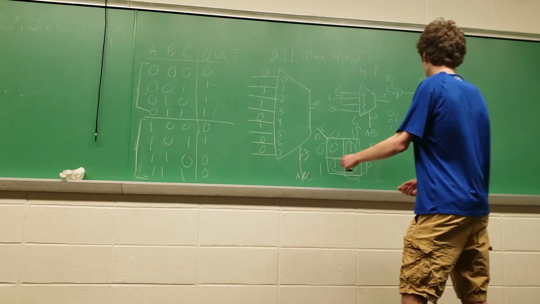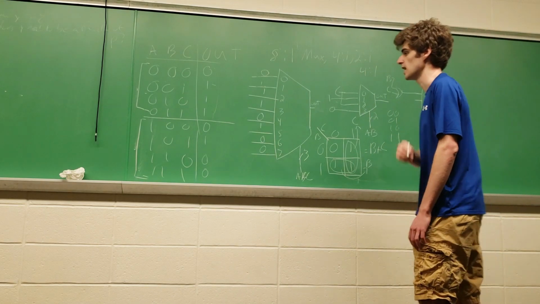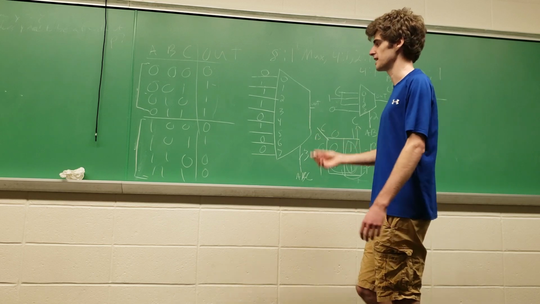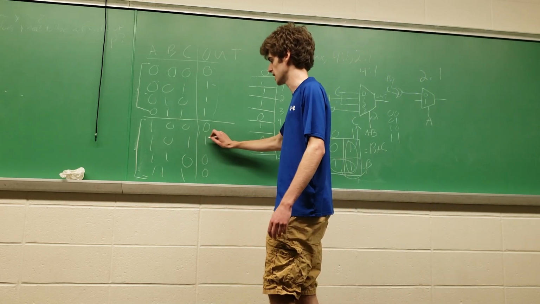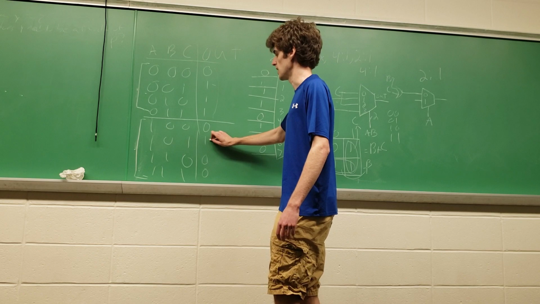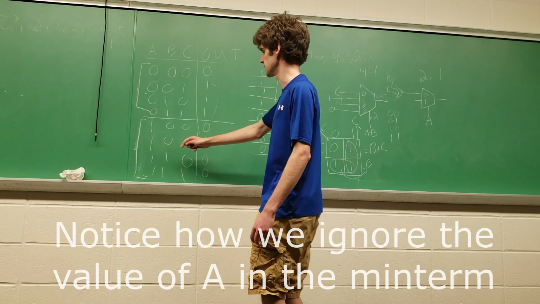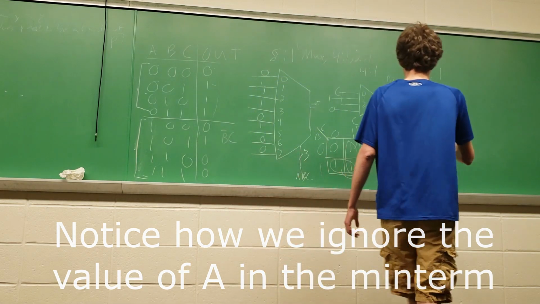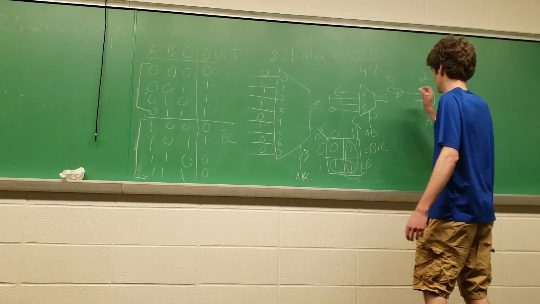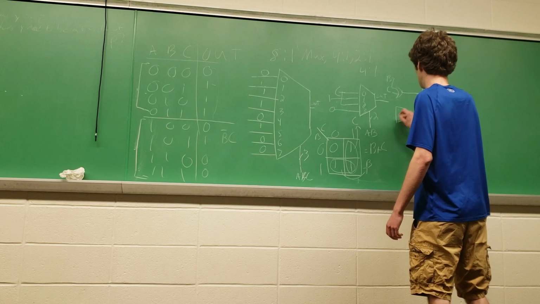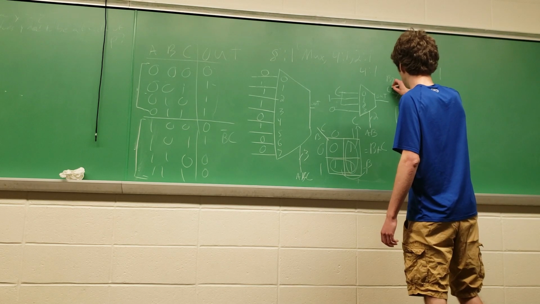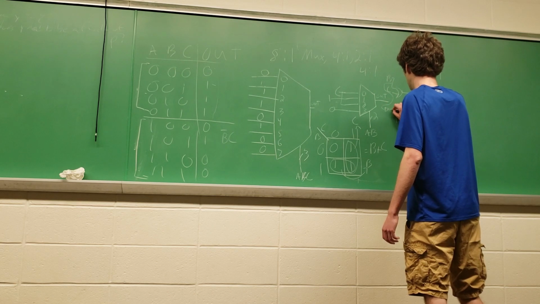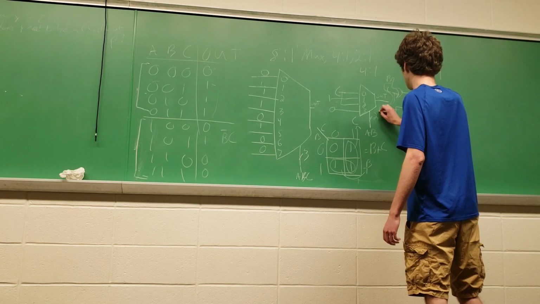Cool. So then the last one is when A is 1. And in this case, I'm not even going to make a K-map, since it's not going to be able to be simplified because we only have one minterm here. And the minterm is just B not C. Okay, so then I'm going to have an AND gate, and I'm going to feed B into here with a NOT gate, and then I'm going to feed C into here too.